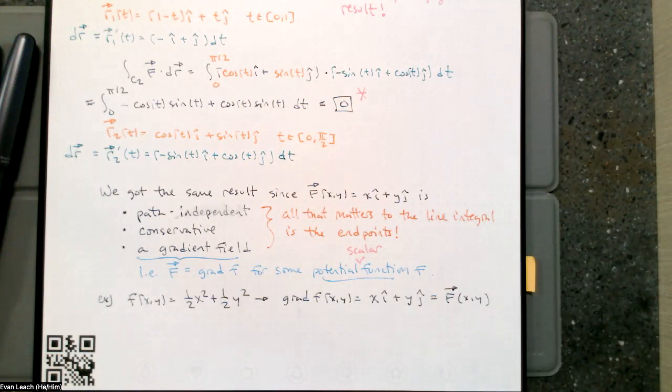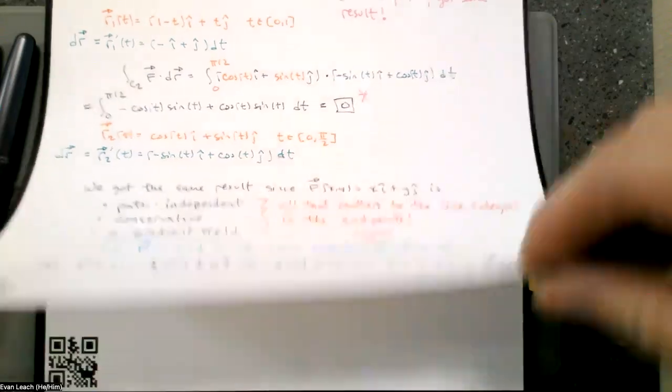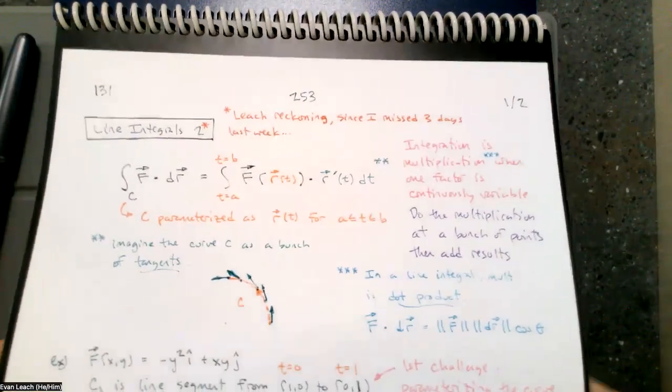The vector field that we had in problem 1, 2, 3 on Wednesday is not a gradient field. Let's see, what was it?